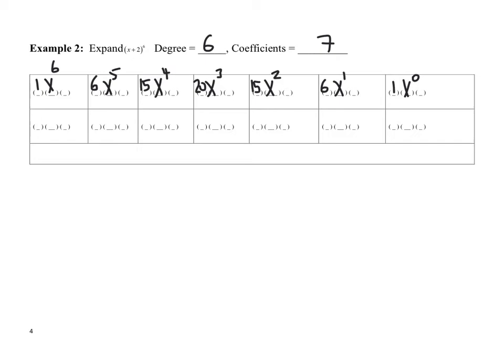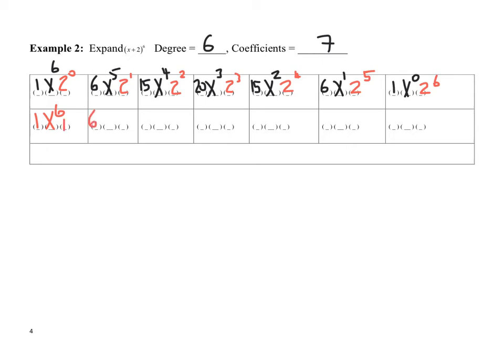the next one is 2 raised to 0, 2 raised to 1, 2 raised to 2, 2 raised to 3, 2 raised to 4, 2 raised to 5, 2 raised to 6. And on my next step, I just need to simplify that. See, this is 1, x power 6, and the other one is 1.